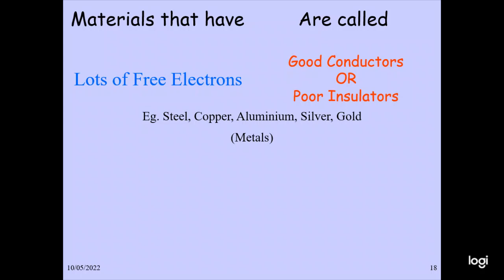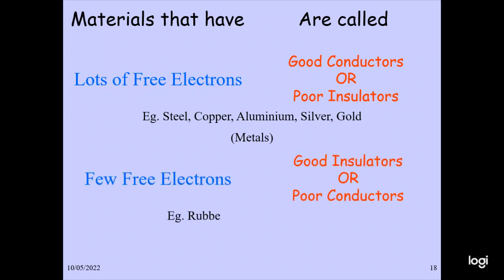They are metals. Few free electrons means a good insulator or poor conductor, for example rubber, plastic, mica, wood. They are non-metals. Non-metals are good insulators or poor conductors.